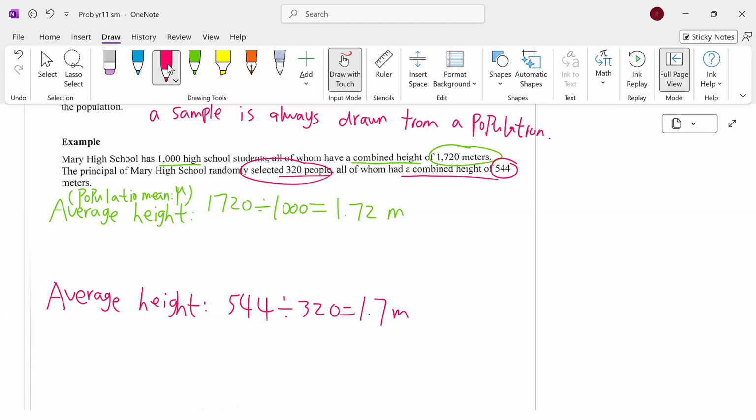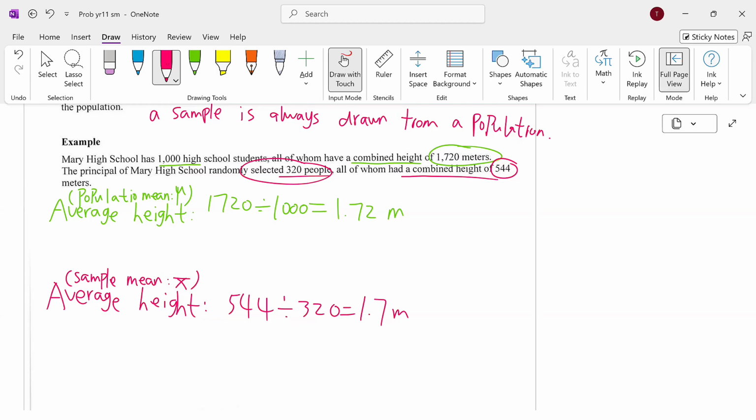And this is called the sample mean, right? That is calculated from the sample data. Sample mean, denoted as X bar.